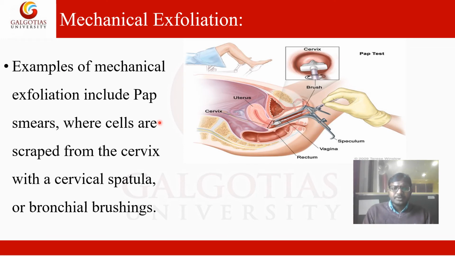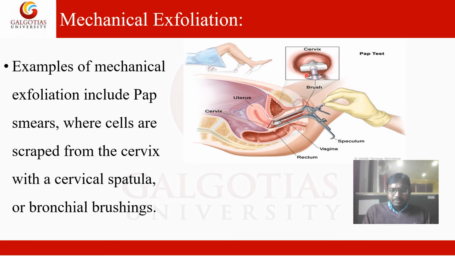Mechanical exfoliation. Examples of mechanical exfoliation include the Pap smear, where cells are scraped from the cervix with a cervical spatula, or bronchial brushings. A simple example: cells collected from the female genital area for detection of cervical cancer. Now you can see this picture.